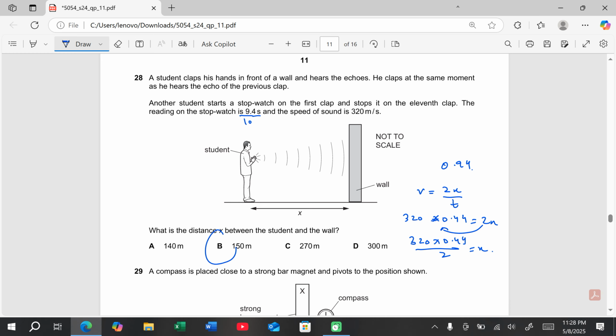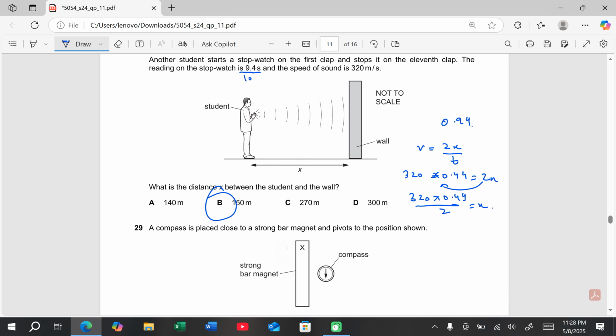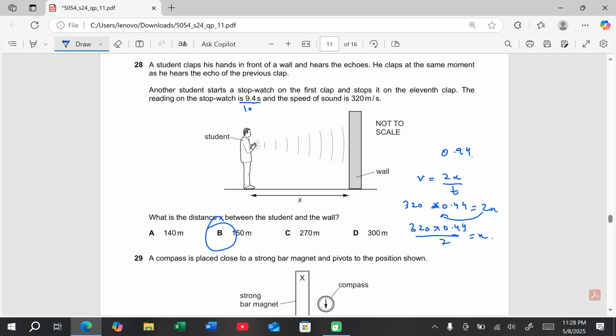So it is going to give you the distance of B. Now why did I take 10? Because it says it stops on the 11th clap, so the sound has traveled the distance of the first clap, so we'll be taking 10 claps.